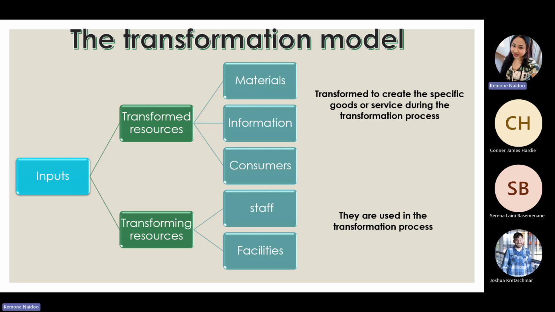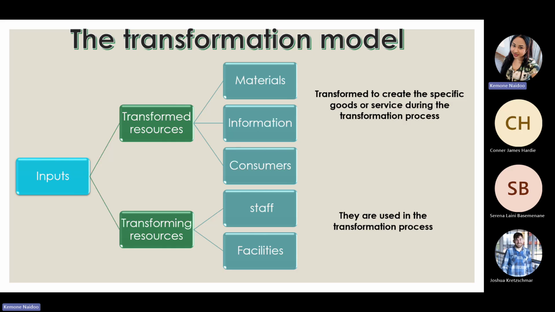Our transformed resources are used to create the specific goods or services during our transformation process. So, for example, it can be the very materials that we are using that are going to be changing their shape, their form, everything. And then we have the information that we've received from market research, this information maybe came from consumer demands, maybe even from our own internal analysis.